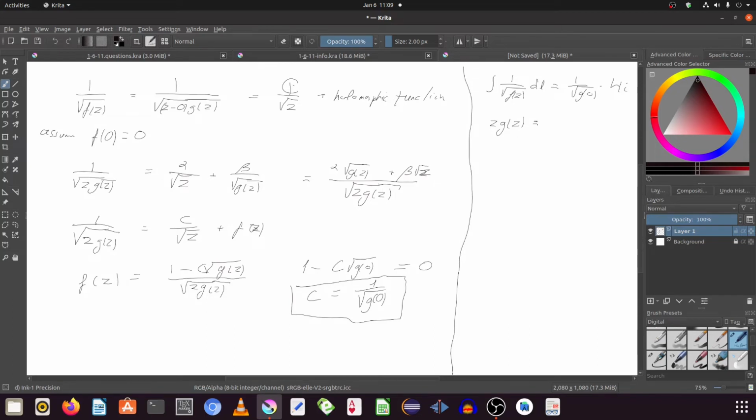Now I have the problem of generalization. That should be a U, shouldn't it? Never mind.